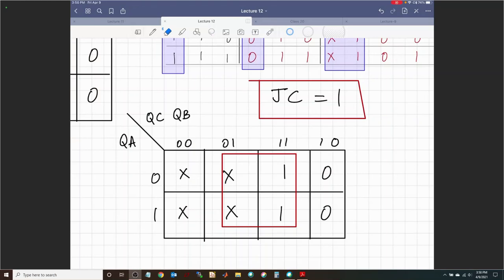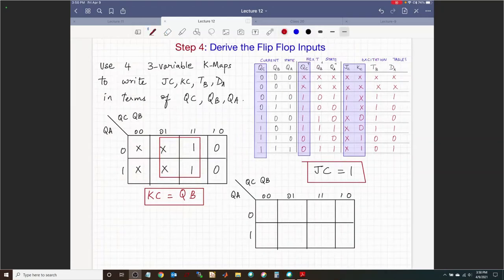Let's do the next one, which is TB. TB is X X 1 1 1 1 0 0. All right, so what are we doing here? I think we are grouping these and these, right?